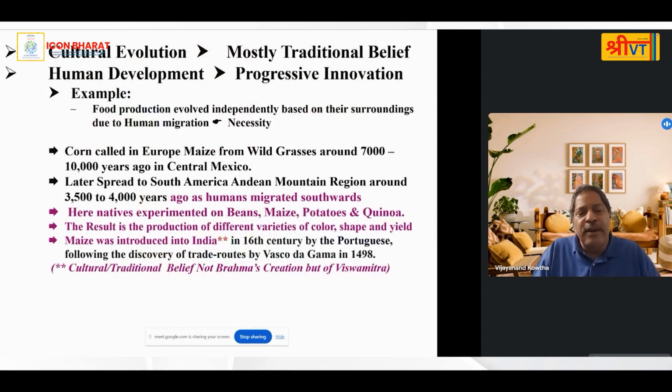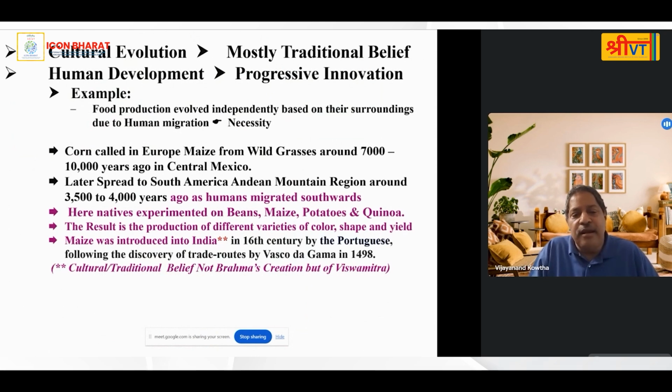So again, bringing the cultural evolution from the traditional belief and providing human development and progressive innovation. For example, food production evolved independently based on the surroundings and human migration, which was the necessity. So if you look at the Rig Veda, the grains, the Navadhanyas that we know and learn about, what was Ravi in the case of Yajurveda, were available as necessity in the environment.